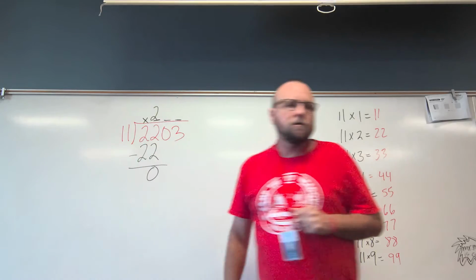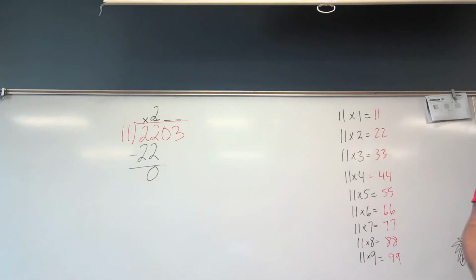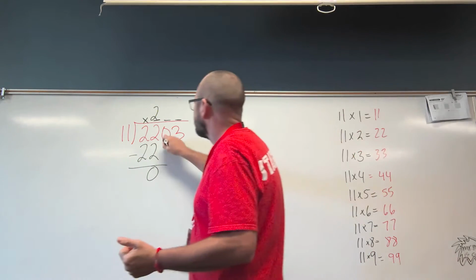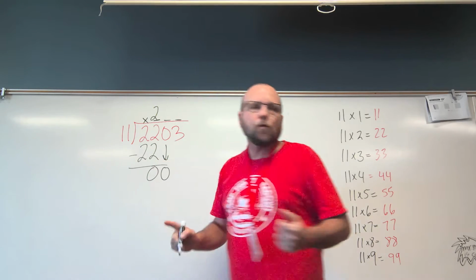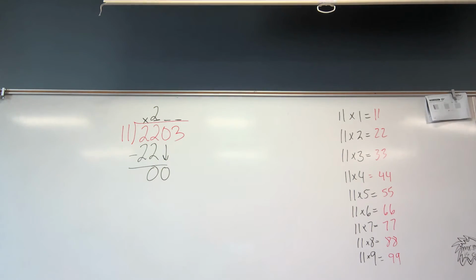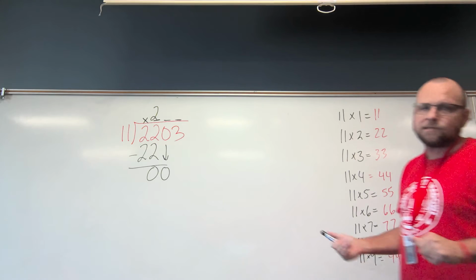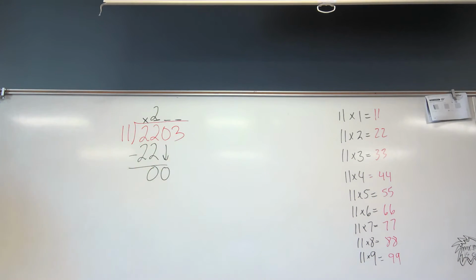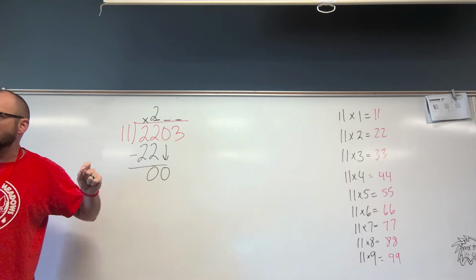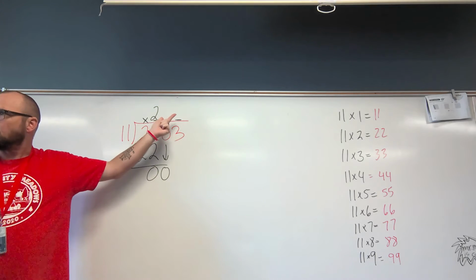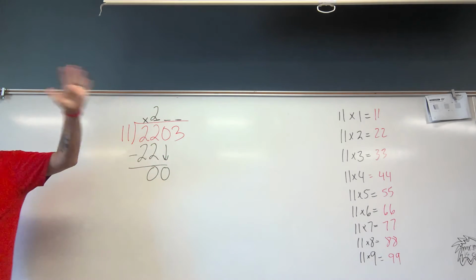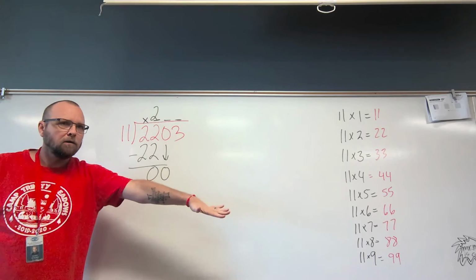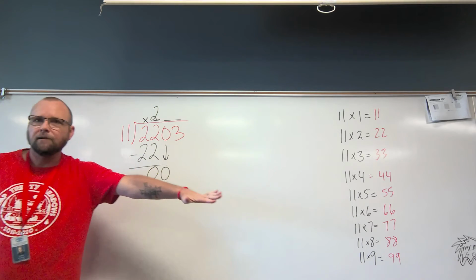Now I do the subtraction, and then I bring down the next number. A problem like this is why it's important where the numbers in your quotient go. Once I bring down a number, I have to put something above that number. It's required. It's the law. The FBI stated it.